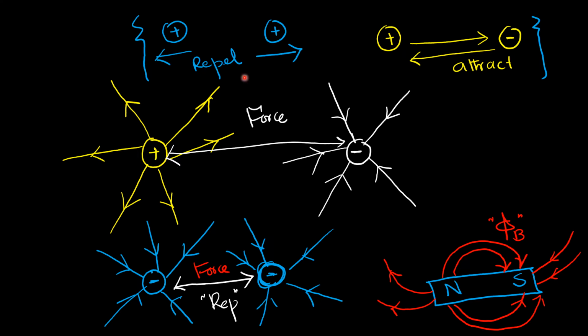So basically Coulomb's law tells us about the magnitude of force applied by this positive charge on a negative charge, or this negative charge on a positive charge. Similarly, it can also tell us about the magnitude of force applied by this negative charge on another negative charge.